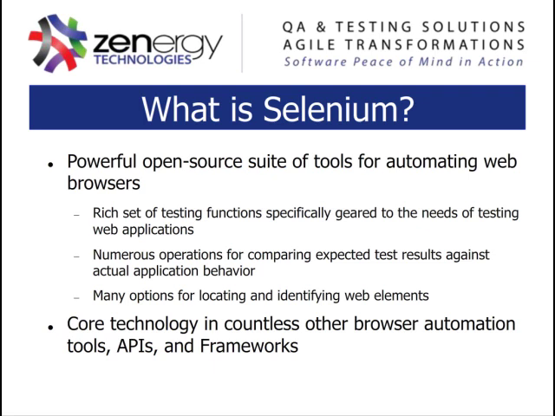And this also has many options for locating and identifying web objects. So most automation tools out there will go off either an object identifier or object property. Selenium also has that ability to interact directly with the browser to figure out the uniqueness of that object. And with Selenium, especially with WebDriver, there are quite a few different identifiers that you can select.